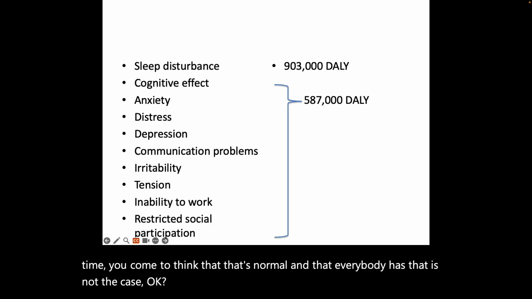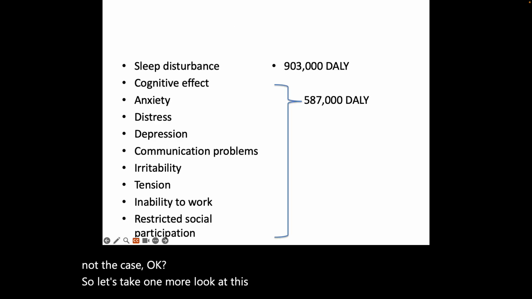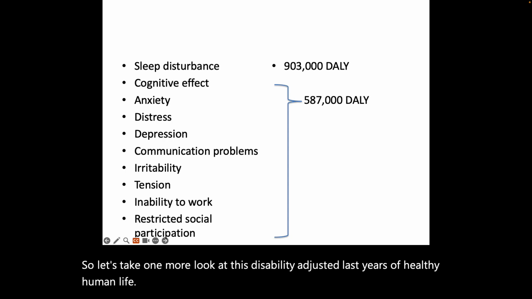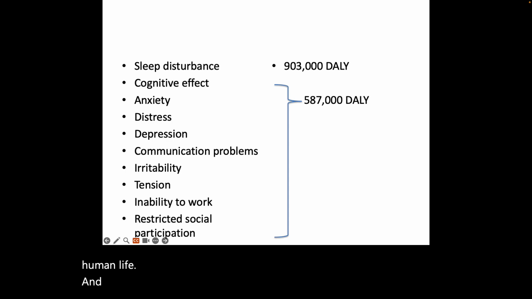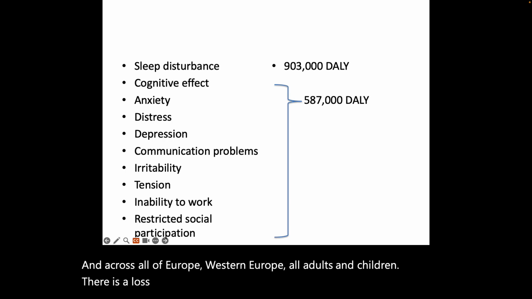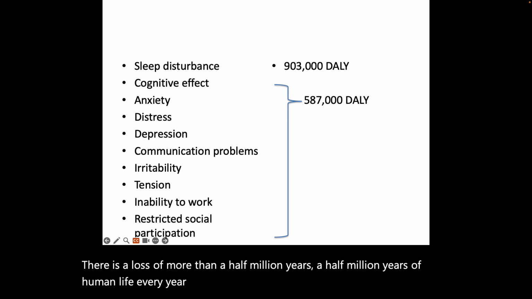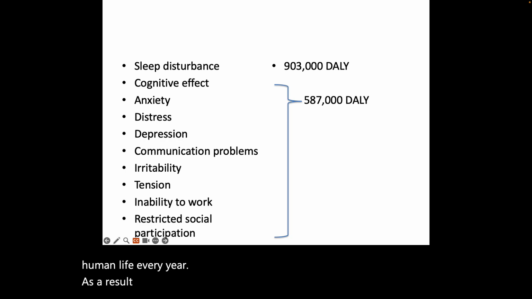So let's take one more look at this. Disability-adjusted lost years of healthy human life. And across all of Europe, Western Europe, all adults and children, there is a loss of more than 500,000 years of human life every year as a result of all of these things, right?